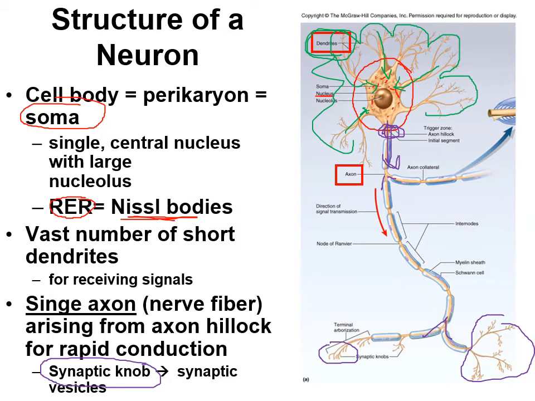I also want to point out, and we'll talk more about this, notice how when you look at the axon, you have these little myelinated sheaths, these little sections that are wrapped up. This is called a myelin sheath. In a little bit, we're going to talk about exactly how it gets myelinated, and we're also going to talk about the fact that the axon likes to be myelinated because it actually speeds up the signal. By wrapping up certain sections of the axon, it speeds up the signal that's being sent down the axon pathway.